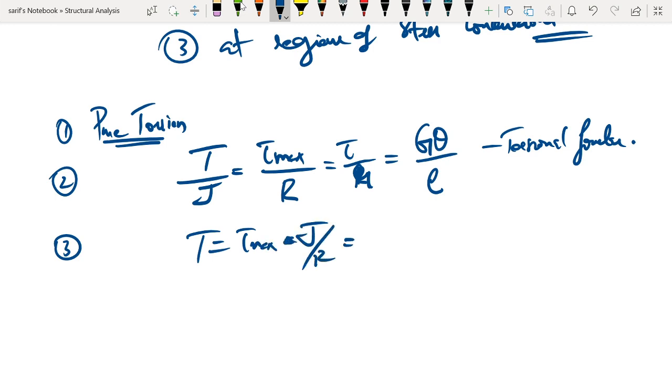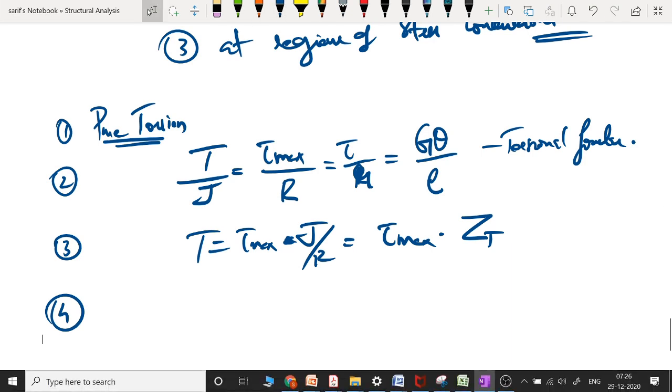We also derived another formula, T is equal to tau max into J divided by R, which can be written as tau max into ZT, where ZT is the polar section modulus. And we also derived the variation of the shear stress, and we saw that the variation of the shear stress is linear.